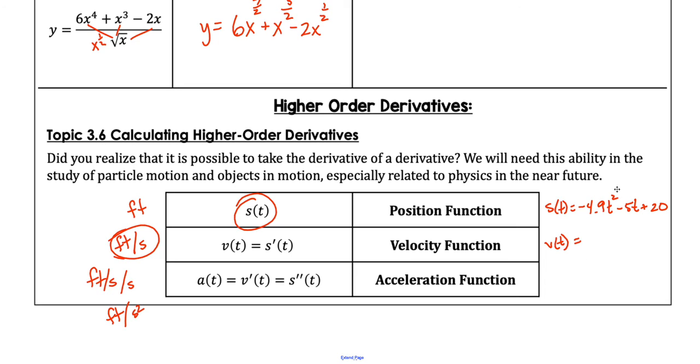And if I do power rule, I would get negative 9.8 t minus 5 plus 0. And the derivative of velocity is acceleration. And if I do the power rule on velocity, I would get negative 9.8. Now, that should look familiar to you because negative 9.8 is the acceleration constant due to gravity.